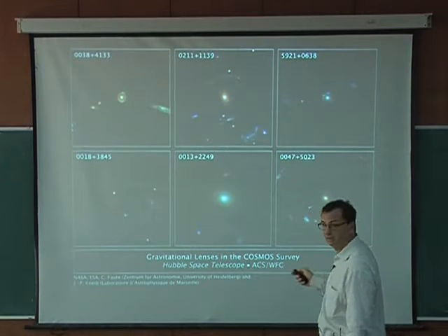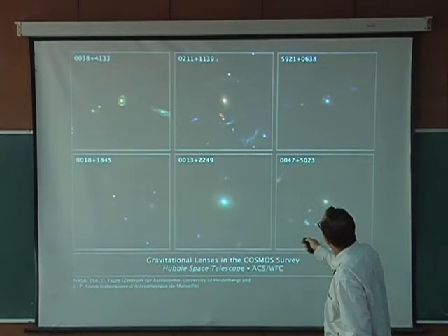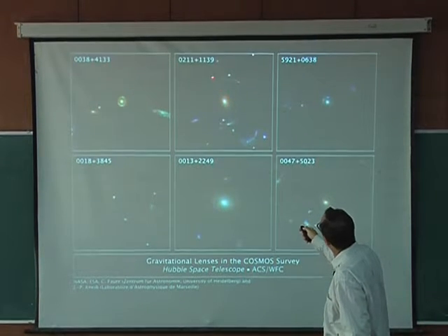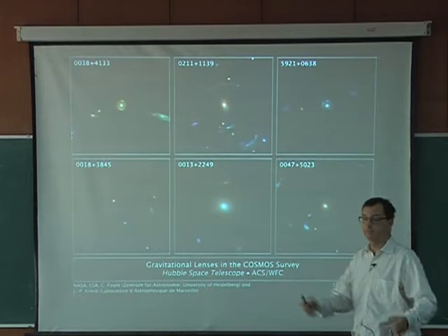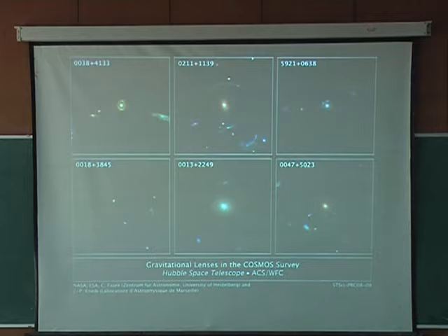Here, I don't know if you can see in the back, is another lens galaxy, and you see these arcs, which are background galaxies whose image is stretched by the lensing effect. Here is another one with several images. You see, you have 1, 2, 3, 4. It's probably a background quasar or galaxy, which is multiply imaged by this lensing galaxy.